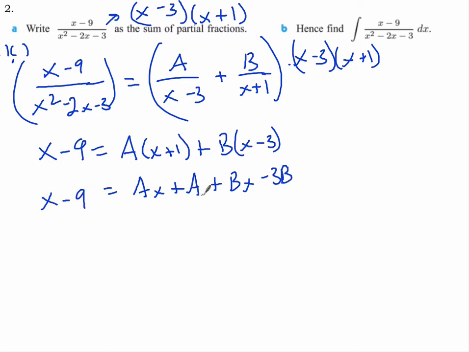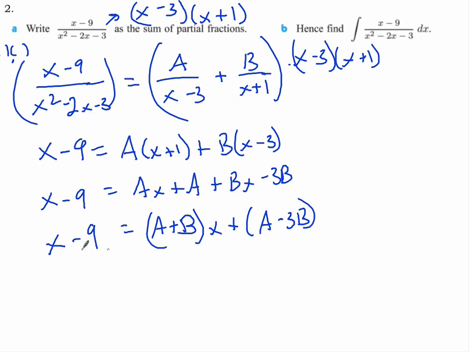What you want to do is gather together these x terms, so that's a plus b times x, and then the constant part is a minus 3b. This is a 1x, so that means a plus b equals 1, and a minus 3b has to be equal to negative 9. In order for these two statements to be equivalent, that needs to be the case.